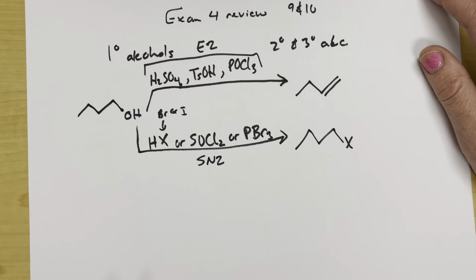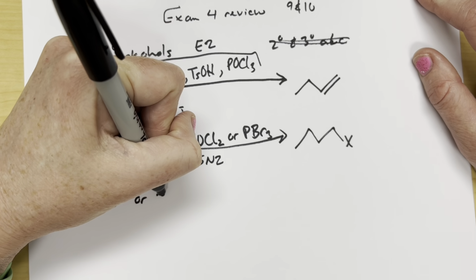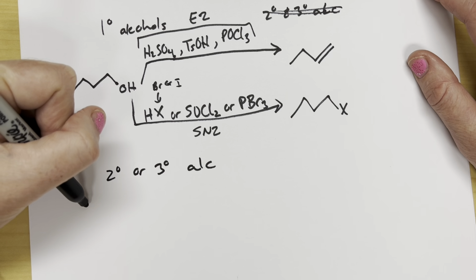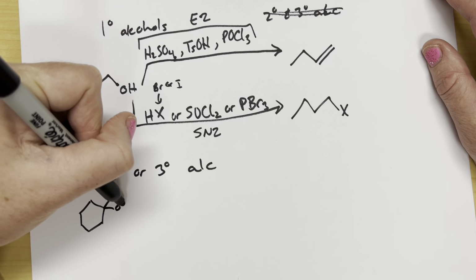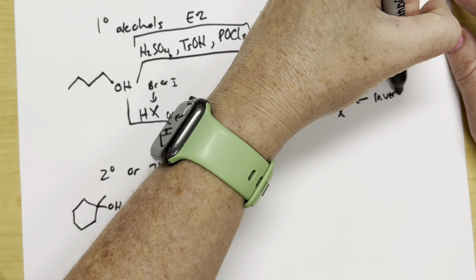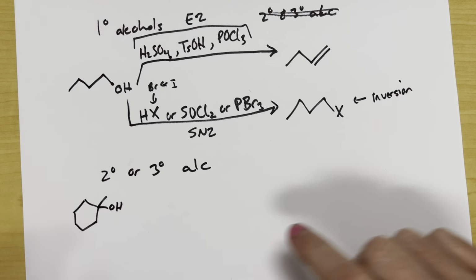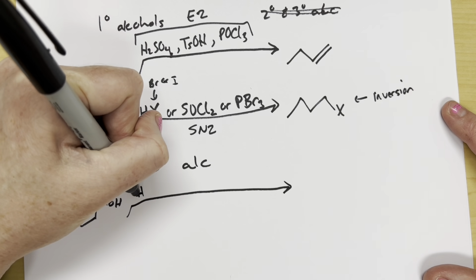Okay, we also have secondary or tertiary alcohols, so let me do this. For secondary or tertiary alcohols, let's go ahead and draw a different alcohol. Let's say we got something like this. And by the way, SN2, remember that this will always be the inversion product when we do SN2. So you only get one product. All right, with secondary and tertiary alcohols, if we start with this, we can do an elimination reaction via the following. You can use H2SO4.